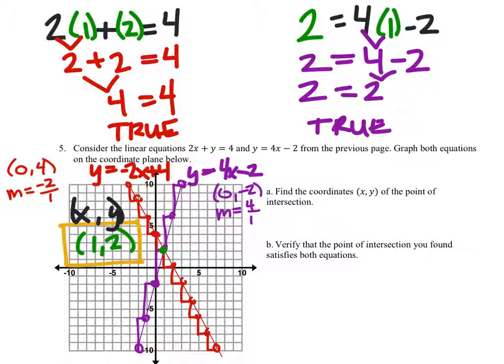But do it, because it's a good way to guarantee that you get 100%. If by chance you found that one of these gave you a false statement, you'd have to go back and see where you made a mistake. If you don't, then you're just putting a wrong answer on the test, and you know it's wrong, but you're not going to do anything about it. So don't just leave it.